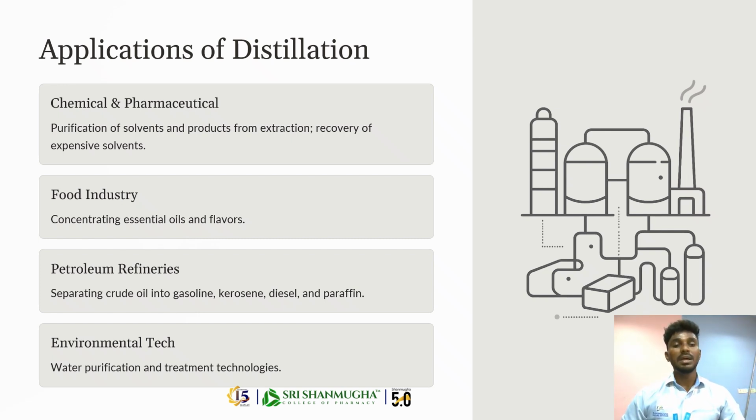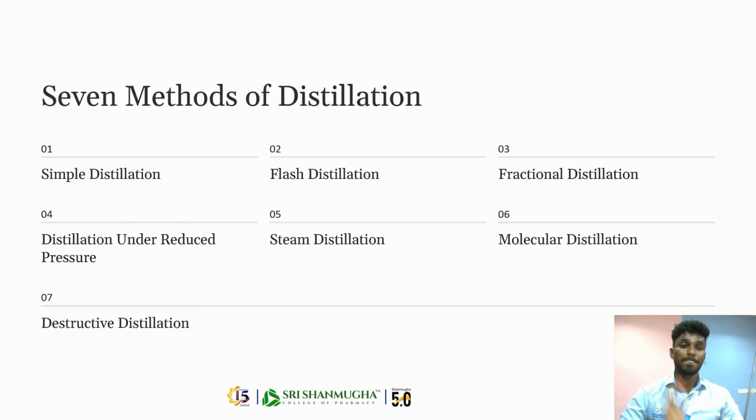The third is petroleum refining, separating crude oil into gasoline, kerosene, diesel, and paraffin. And the last important one is environmental technology, such as basic water purification and treatment technologies. These are the basic applications of the distillation process.